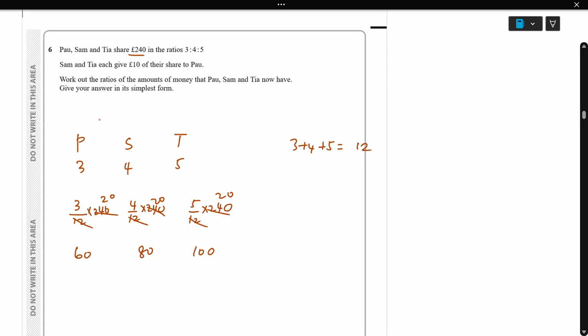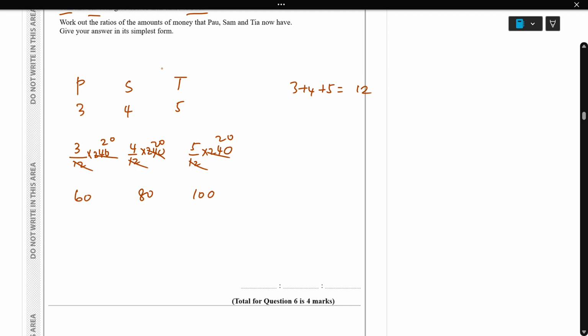Then what's happening now? Work out the ratio of the amounts. Second line: Sam and Tia gave 10 of their share to the first person. So the second person and third person gave 10 to the first person. So the first person has 80 now, this person 70, this person 90.